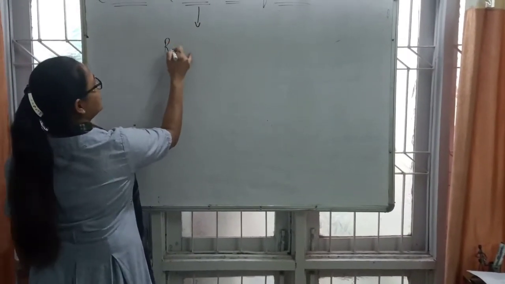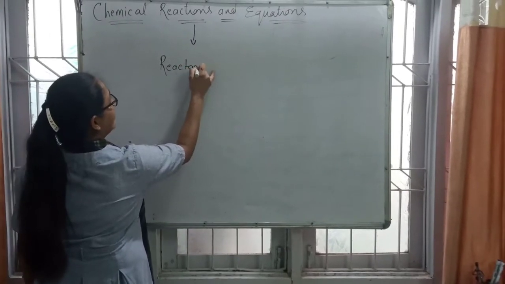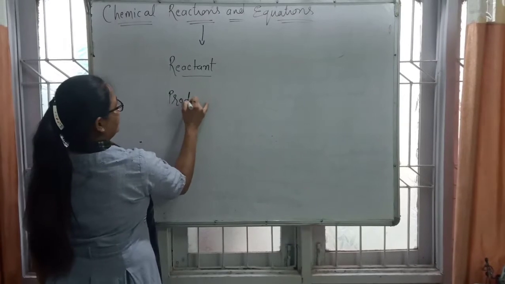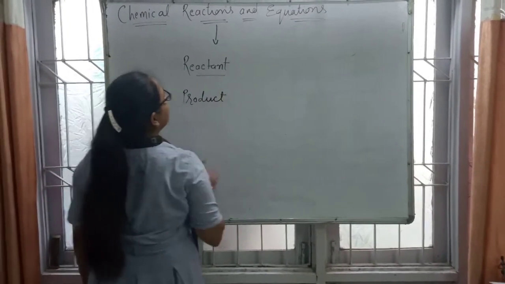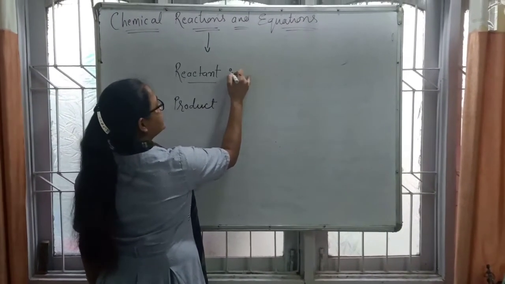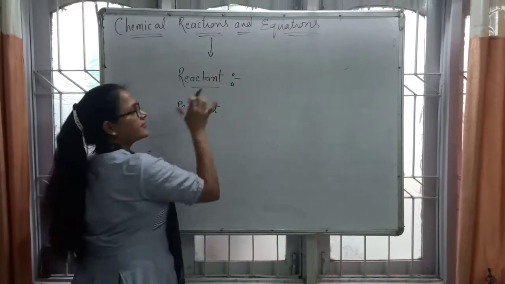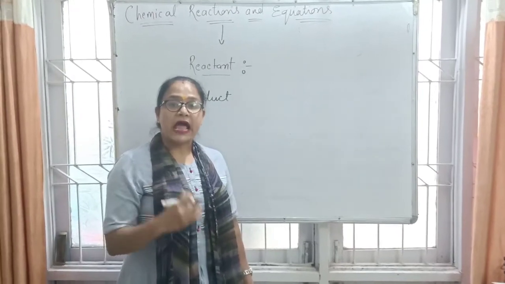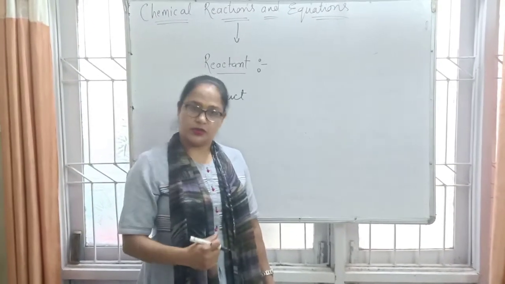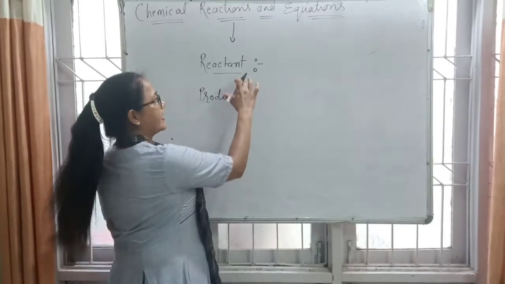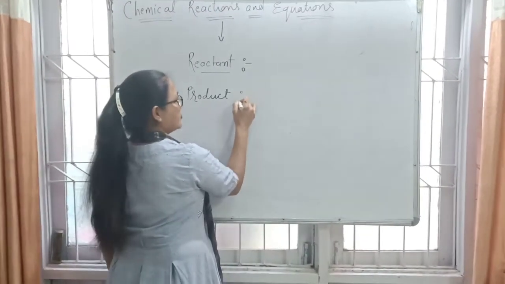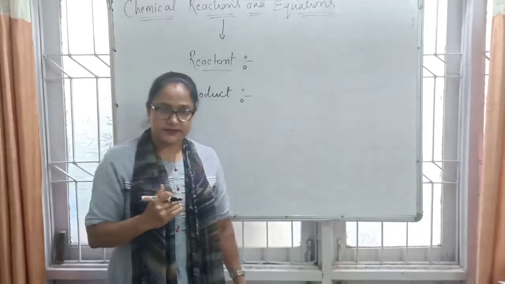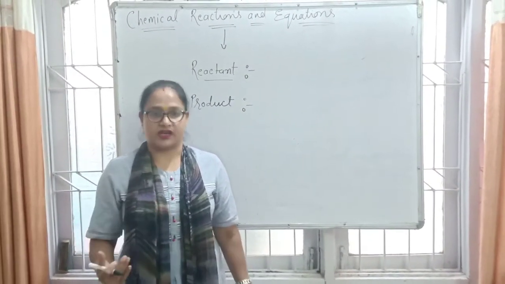First is reactant, and second is product. Reactants are those chemical substances which are involved in any chemical reaction. And products are those chemical substances which are formed after the reaction.